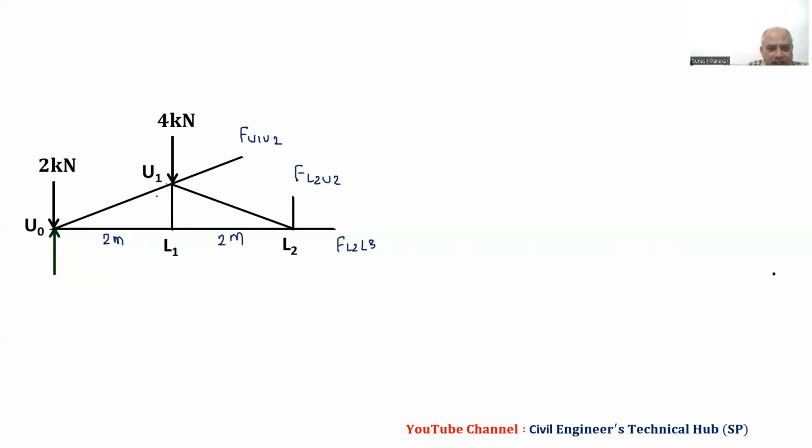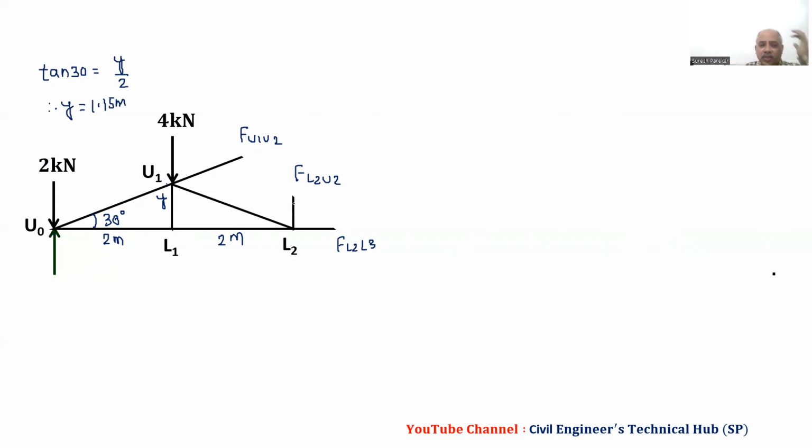Now we will first find this distance y. The angle is given in the problem itself as 30 degrees. If not given in the examination, you can assume it, and 30 degrees is always preferable. So we have y by 2, and from this we get y as 1.15 meters.